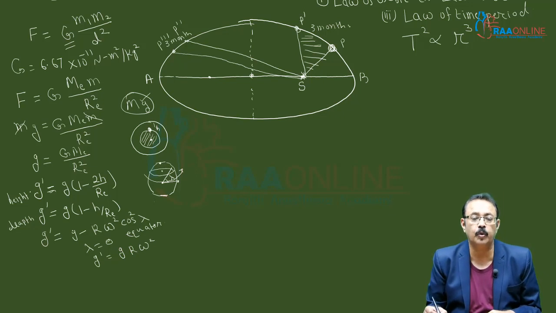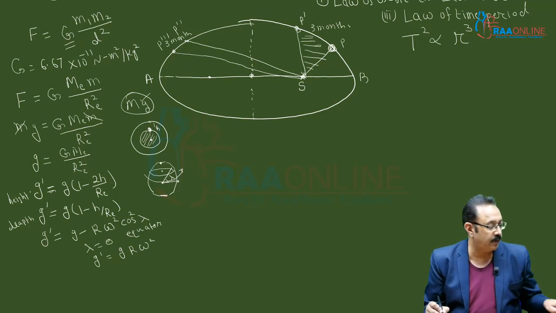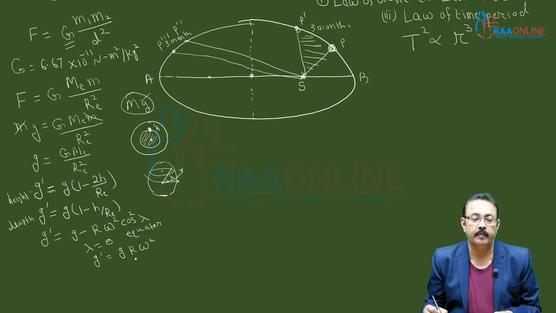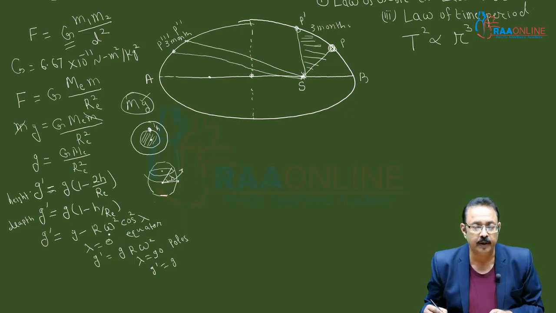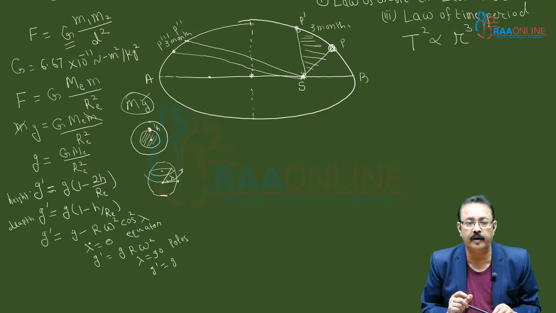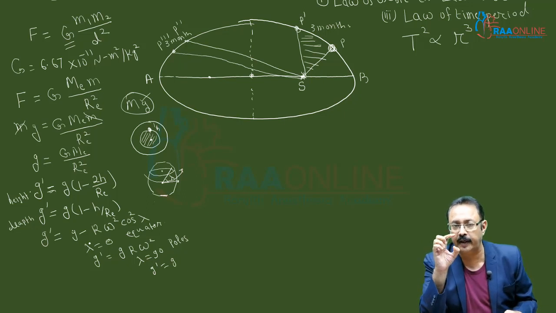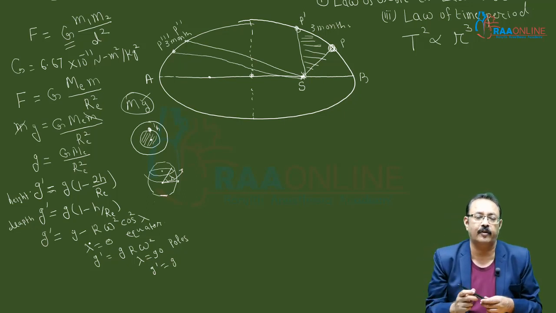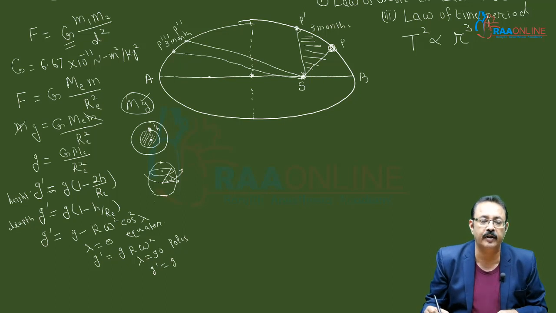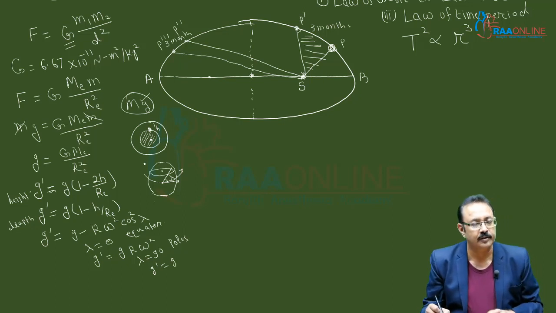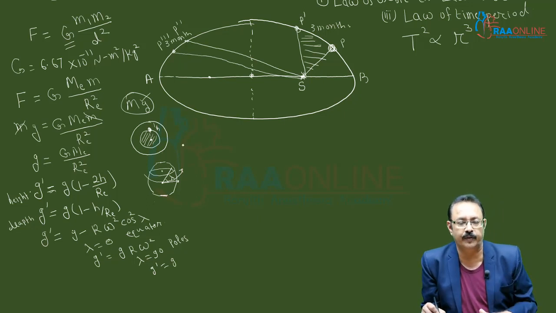But if we are moving to the poles, lambda will become 90 degrees. Lambda is equal to 90 degrees at the poles. So g dash is equal to g, because cos 90 is 0. It means the rotation of the earth is not having any effect on objects situated at the poles, because if an object is at the pole, it will move in a circle of 0 radius, so it doesn't need any centripetal force.